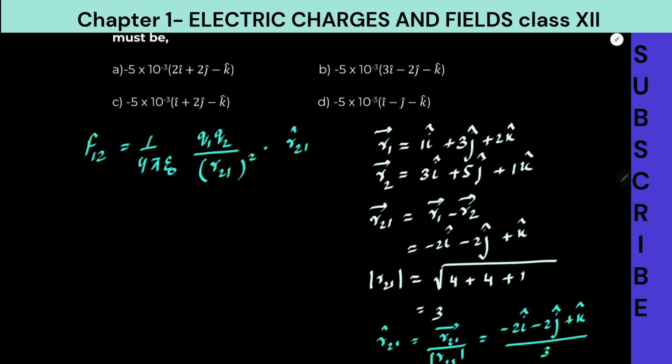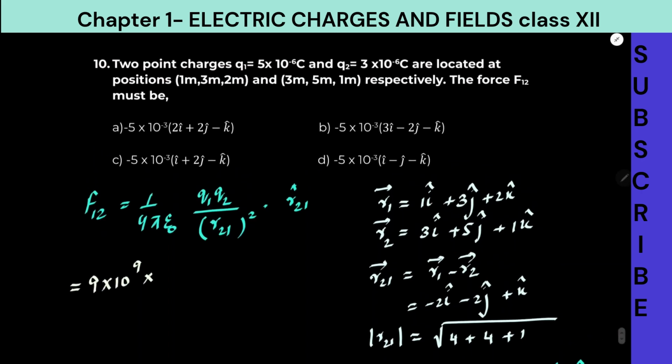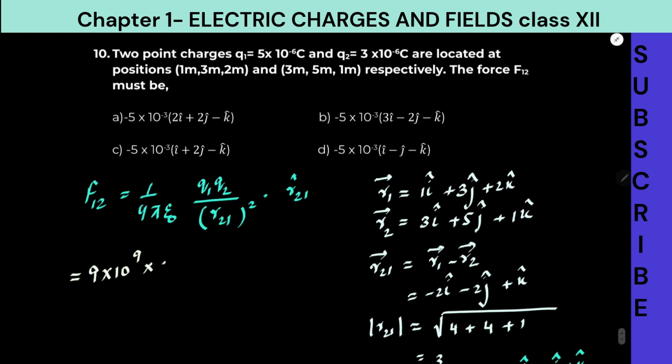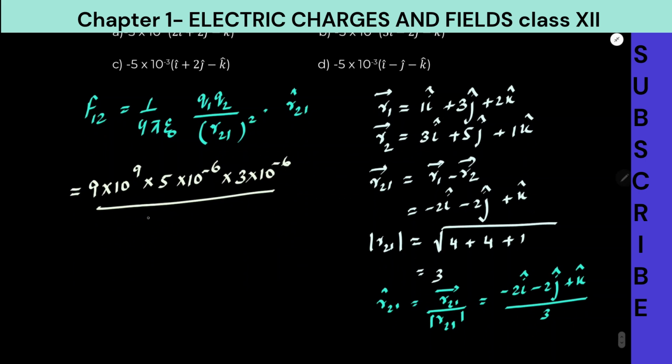So let's substitute this value in our problem so that we can get F12. 1 by 4 pi epsilon naught equals 9 into 10 to the power 9. What is our first charge? As per the question, Q1 is 5 into 10 to the power minus 6, and Q2 is 3 into 10 to the power minus 6, whole divided by R21 squared.